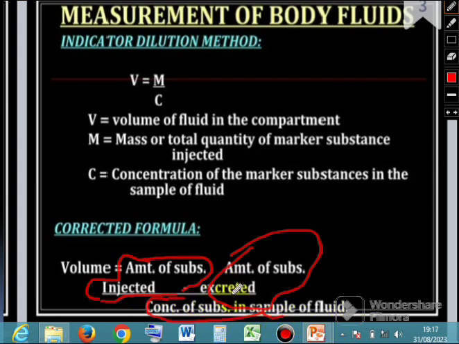I said the modified formula is giving us volume of substance is equal to the amount of biomarker injected minus the amount of biomarker metabolites, divided by the concentration of the biomarker.